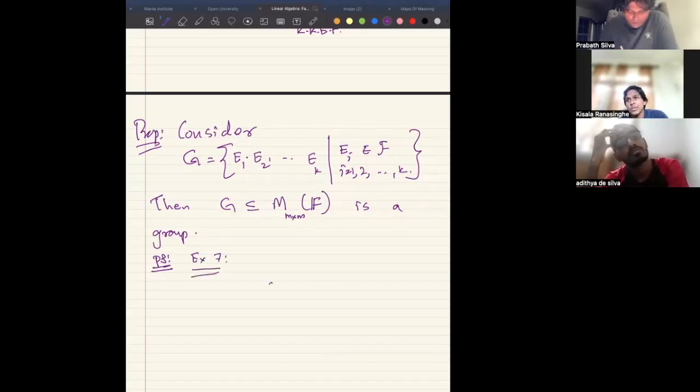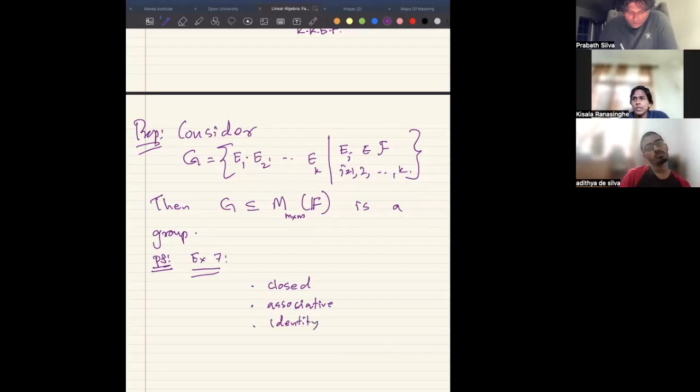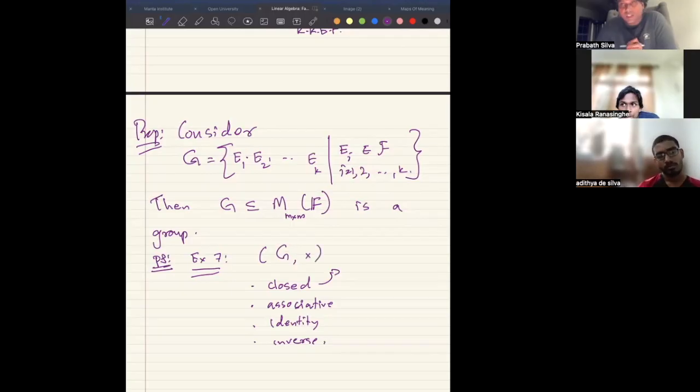So what you need to prove: closed, associative, identity, inverse, right? So the first one, what's happening in here, we are looking at G with the matrix multiplication.